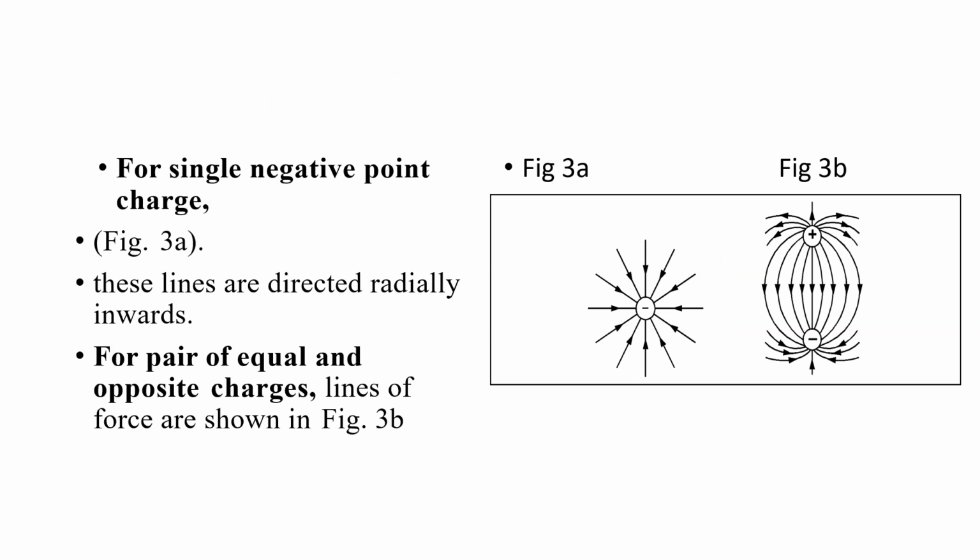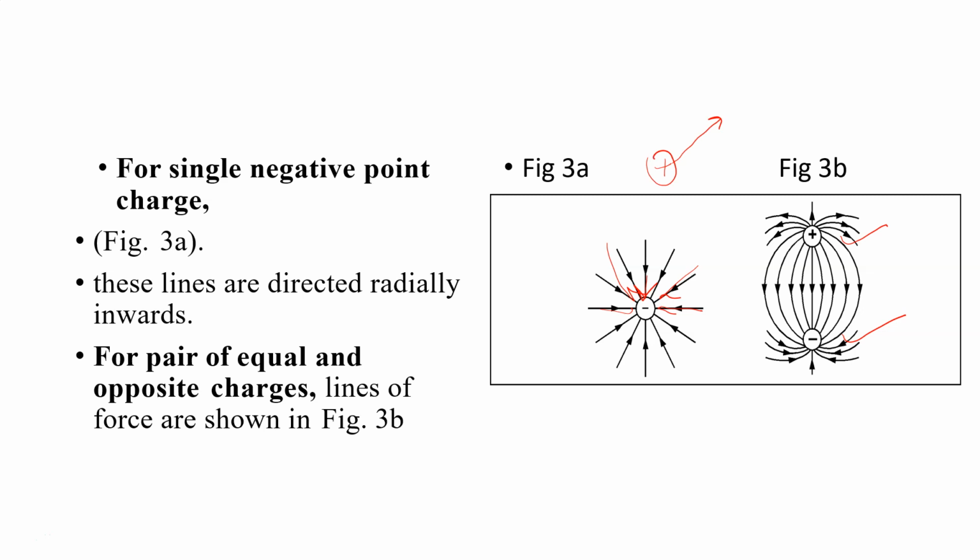For a single negative point charge, these lines are directed radially inwards. And for a pair of equal and opposite charges, like here, positive and negative, the lines of force are shown like this, because we have just learnt that from a positive charge the lines of force are directed outward.